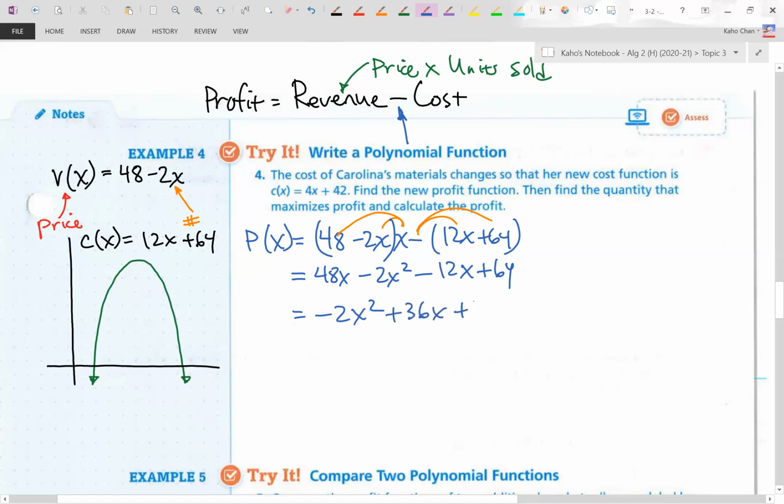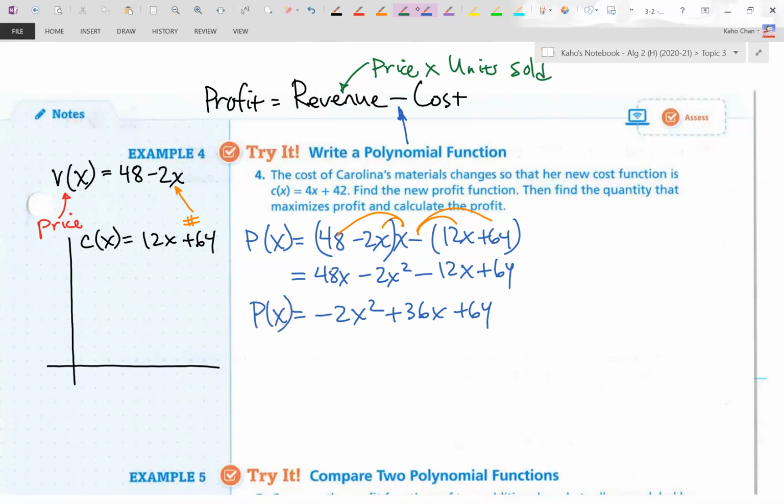36x plus 64. All right, so I kind of jumped ahead and graphed the function here ahead of time off to the left here. I should have left that blank, sorry about that. But when we graph this new profit function, it's a parabola.